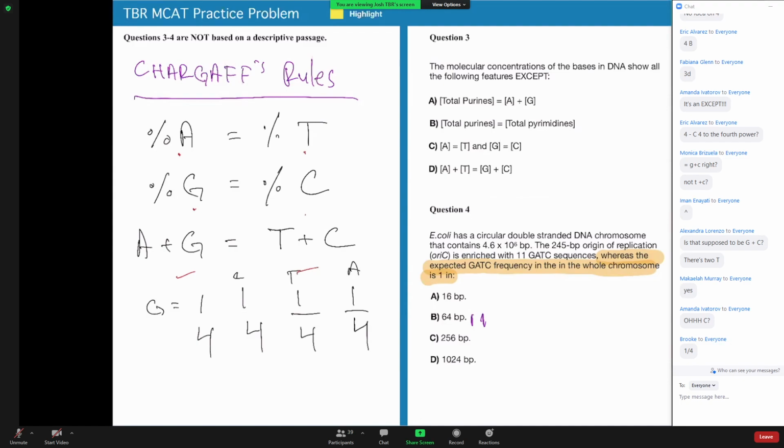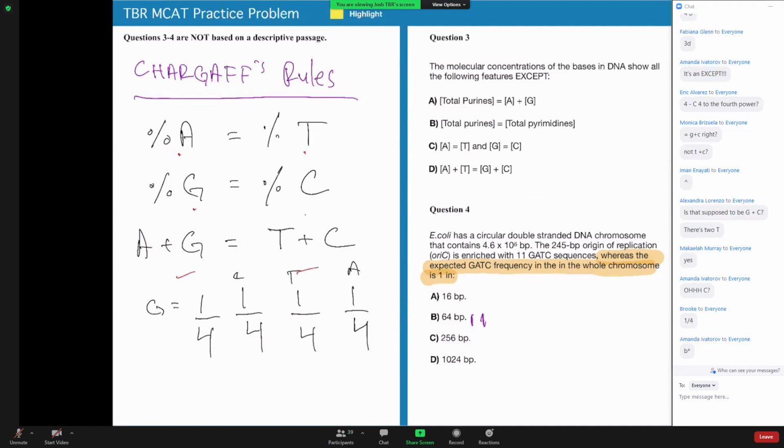Which means if you multiply these together, because we're talking about probability, it's going to be 1 in 256 base pairs. Cool. Do you guys see that? Do you see that the answer is C?